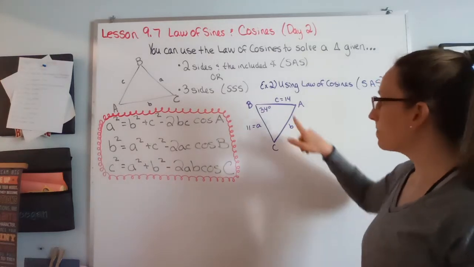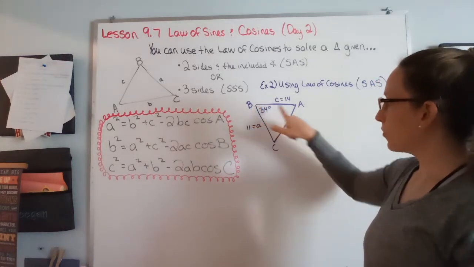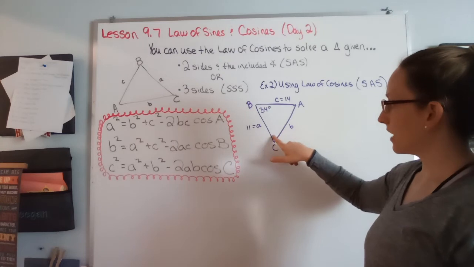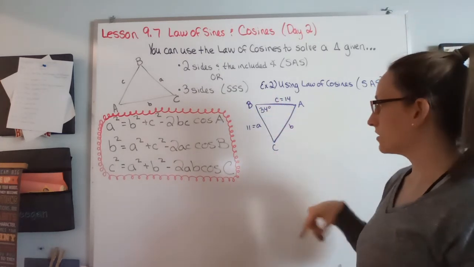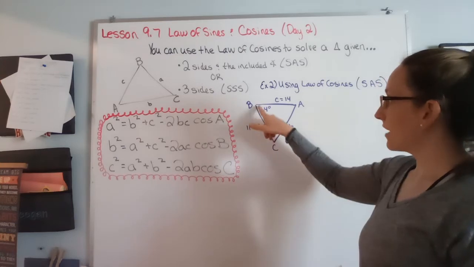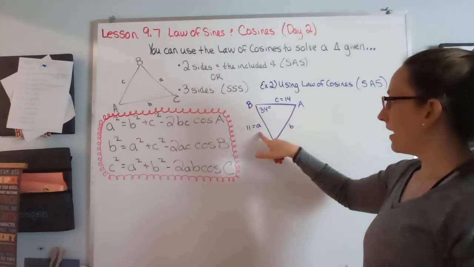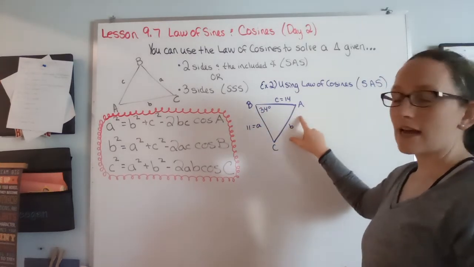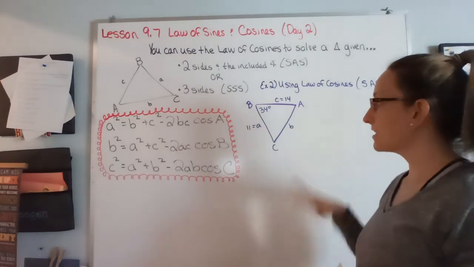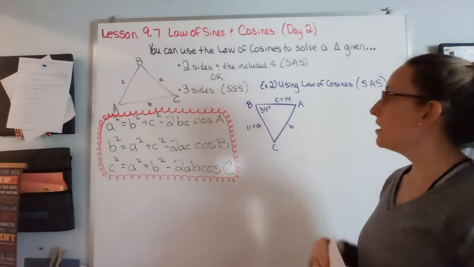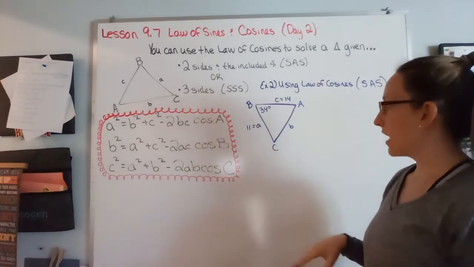For example, sine of 34 over b is equal to sine of C over 14: two unknowns, side b and angle C. Or if I tried to use angle B and angle A, angle A is unknown and side b is unknown, so still two unknowns. So law of sines will not work at this point, which means I'm going to use law of cosines.